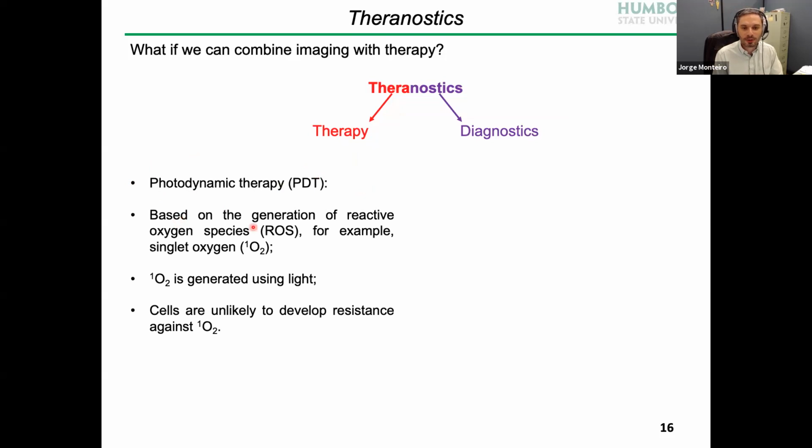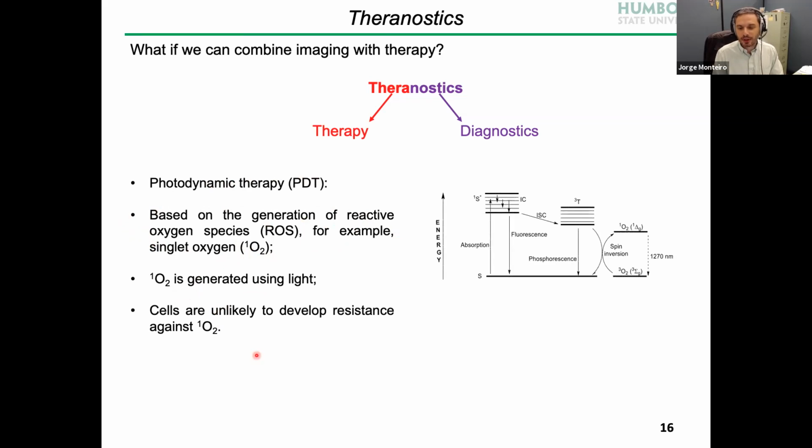It's based on the generation of reactive oxygen species, ROS. One example here is singlet oxygen. The nice thing about photodynamic therapy is that we activate it using light. Therefore, cells are unlikely to develop resistance against singlet oxygen.